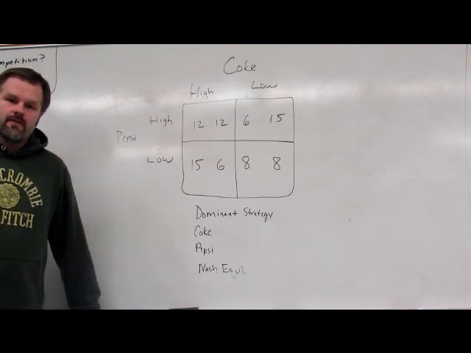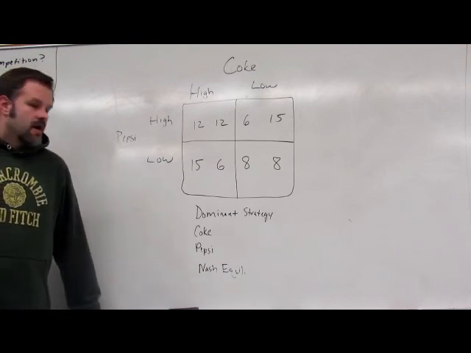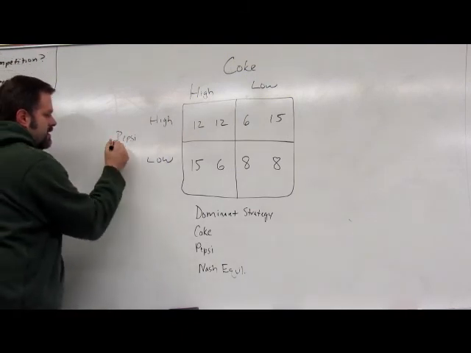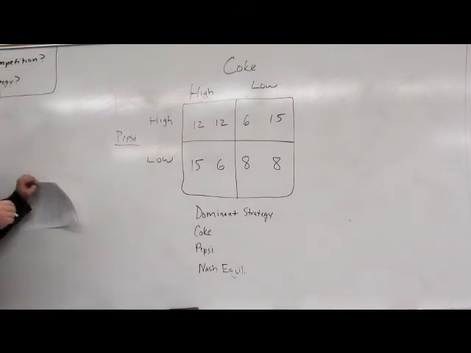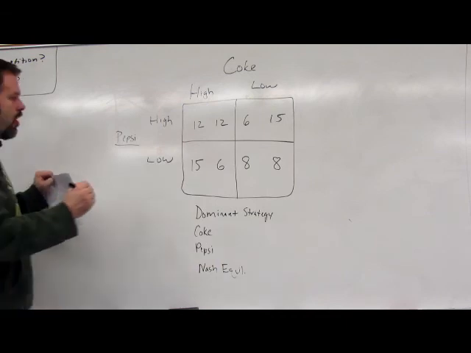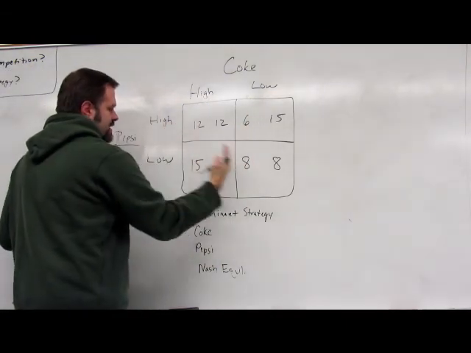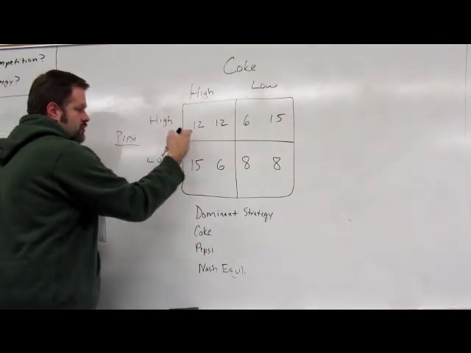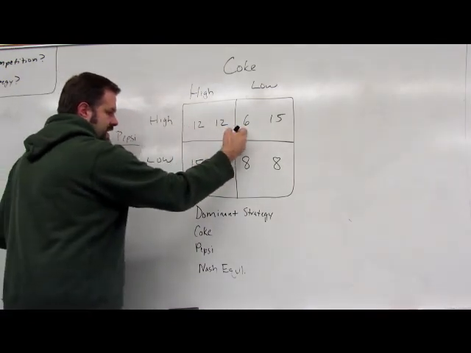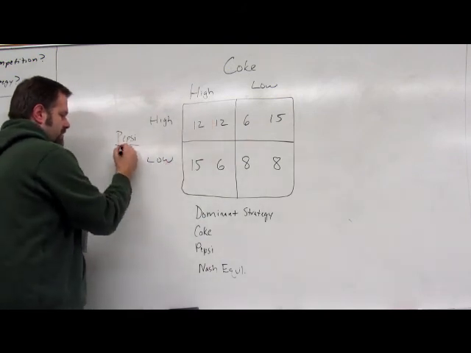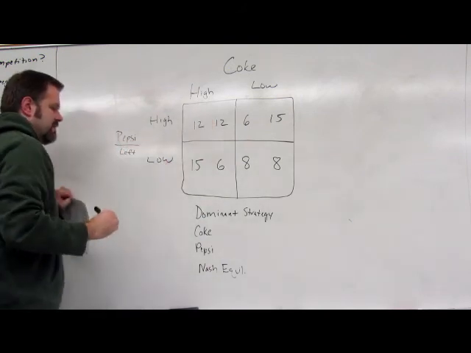When you're looking at one of these matrices, the first thing that you need to know is that the company or firm on the left, all the numbers on the left of these boxes deal with that firm. So 12 and 15, 6 and 8, all the left numbers go with the firm on the left.